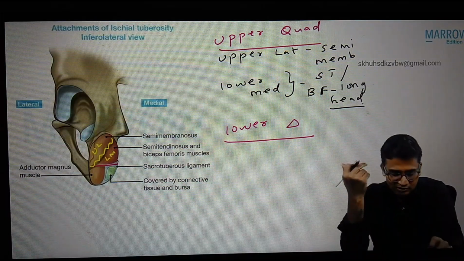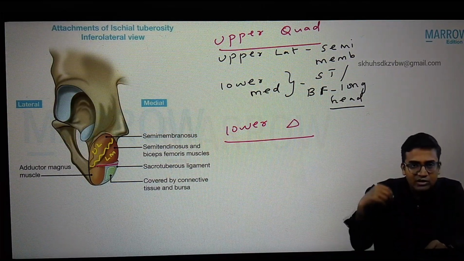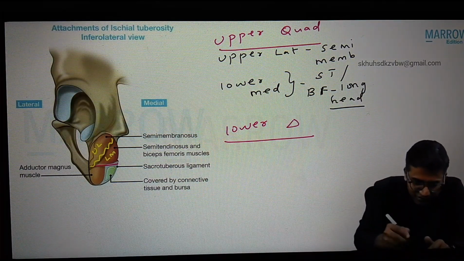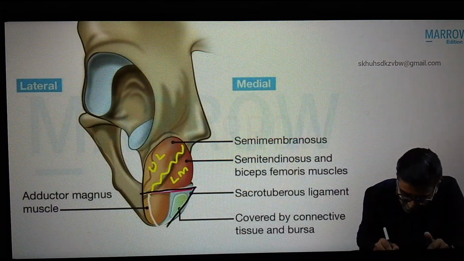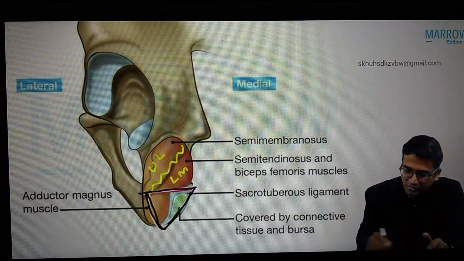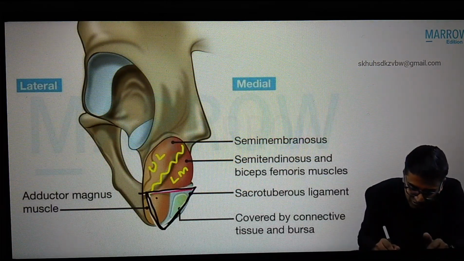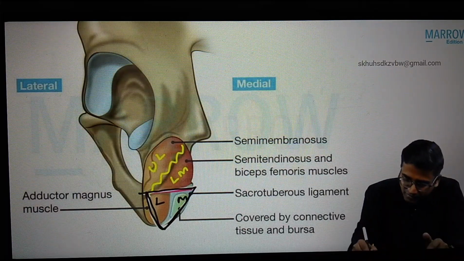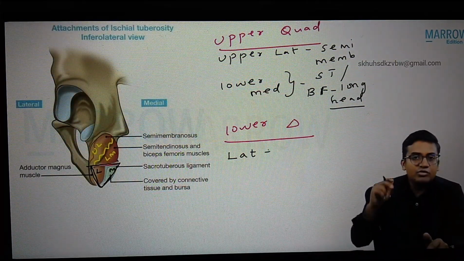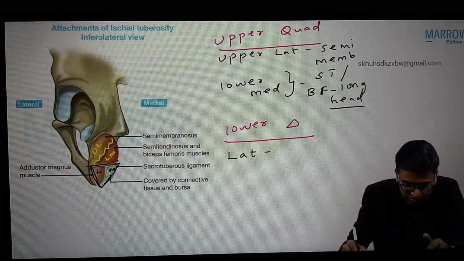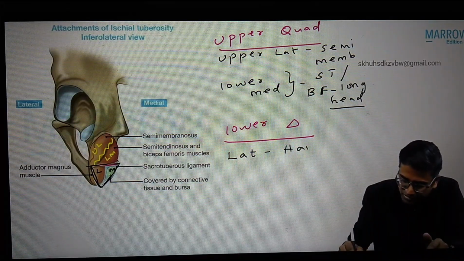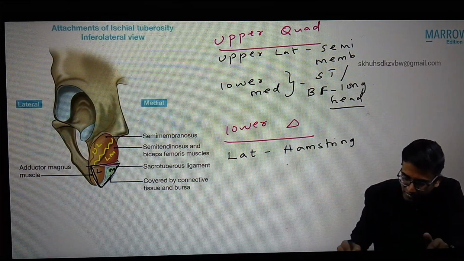Now come to the lower triangular part. Again we divide it into lateral and medial. The lateral part gives origin to the hamstring part of the adductor magnus muscle.